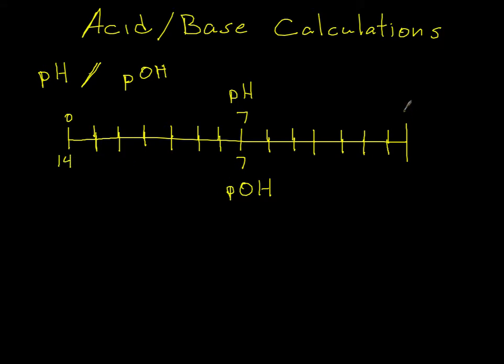And if the pH is 14, then the pOH is 7. So you can see that the pH scale and the pOH scale are effectively flipped from each other. If we fill the scale in on the pH side, we'll go 0 through 14. The pOH scale would go 14 to 0.